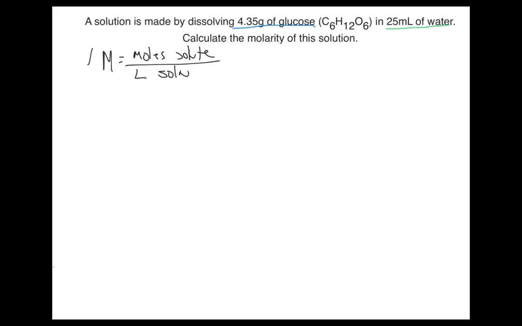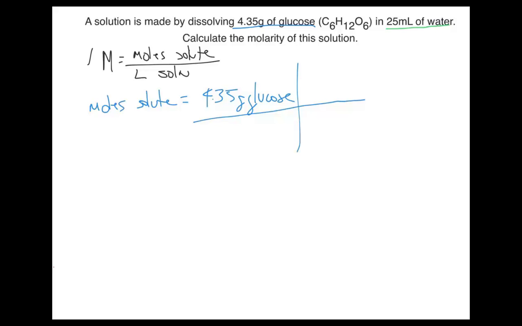Okay, so let's work first with calculating the moles of the solid, and this will be equal to 4.35 grams of glucose. To change from grams to moles, we need the molar mass, and the molar mass of glucose is 1 mole of glucose equal to 180.2 grams of glucose.